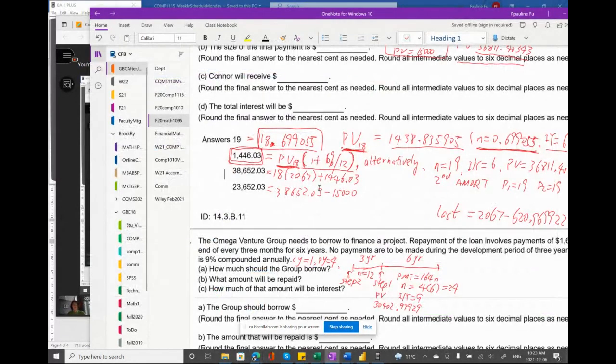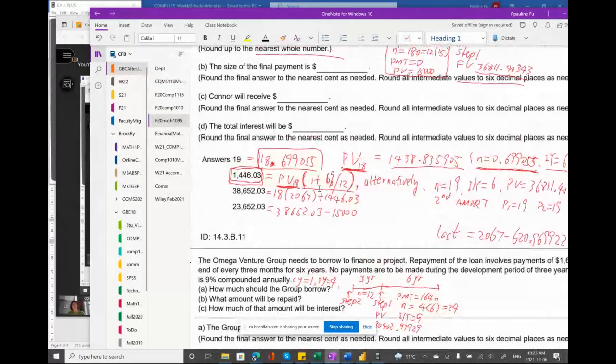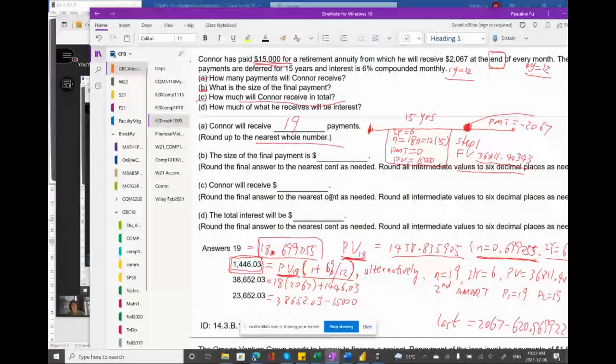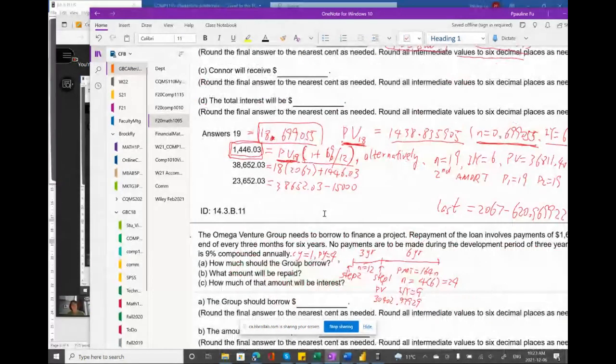All right, so that is question B. And question C, what is question C? How much will Connor receive in total?